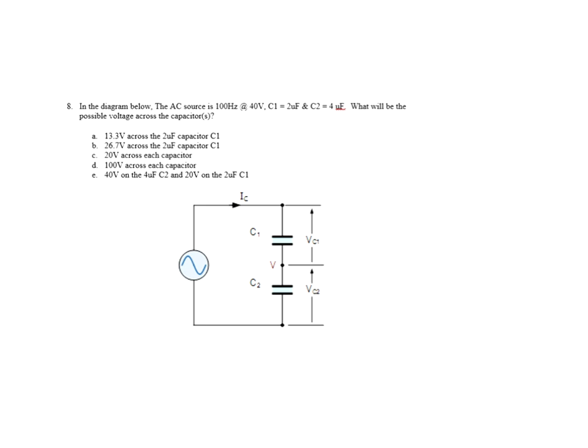Okay. Look at this. This is a good one. In the diagram below, and remember, this is an AC or DC source, it makes no difference. The source is 40 volts. C1 is 2 microfarad, and C2 is 4 microfarads. So which capacitor is the smallest?